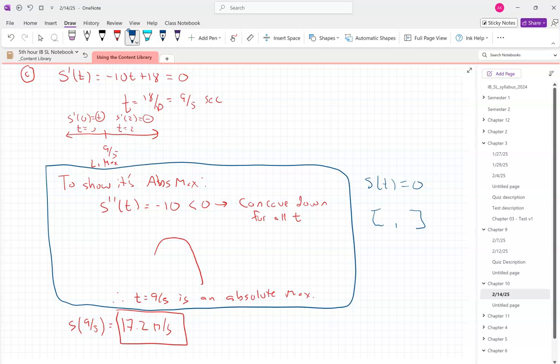Because obviously the position of the rocket, if it's shooting straight up, at position 0, it's back on the ground again. That's like the end of your trip, which is fine, but that was a lot more work than what we did by just looking at the second derivative and observing that, hey, it's concave down the whole time. So if we have a single maximum, it's the absolute maximum, which I like a lot better.